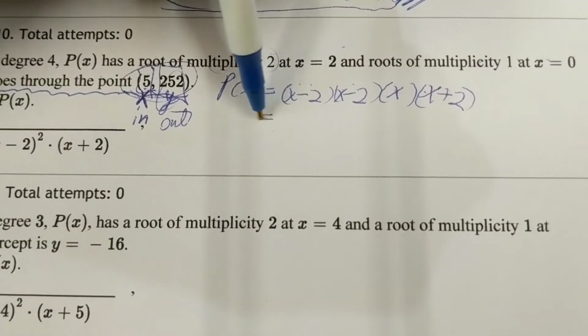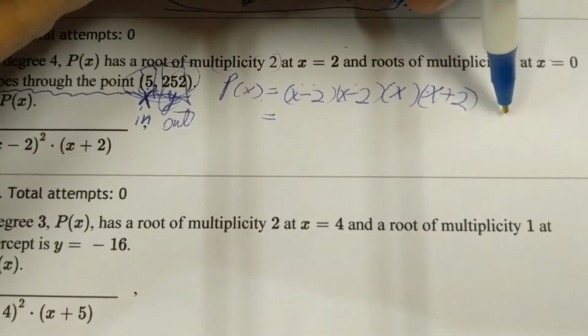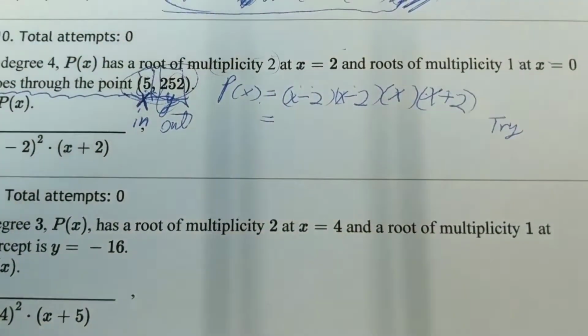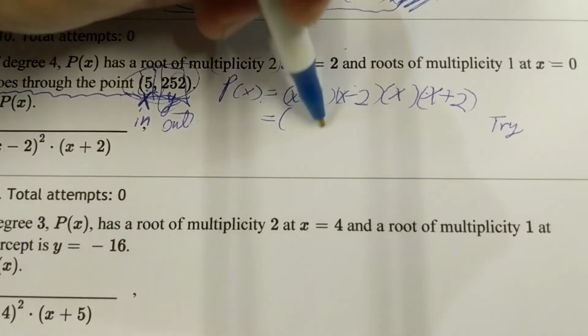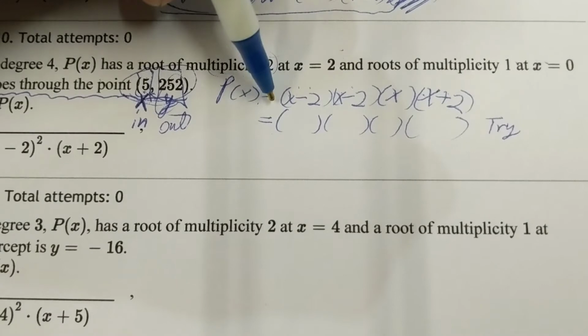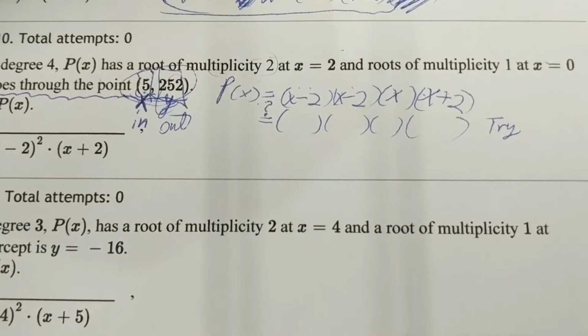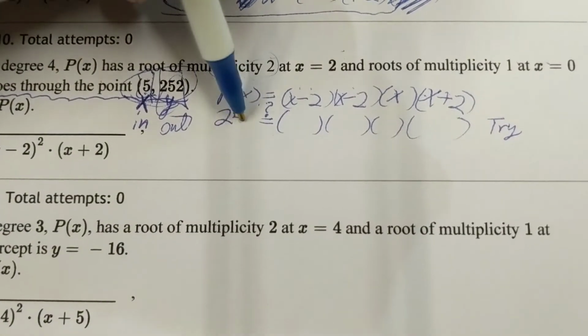So let's look at that real quick. We're going to plug in a 5 here everywhere we see an x, and we're going to see, is this all going to equal 252?